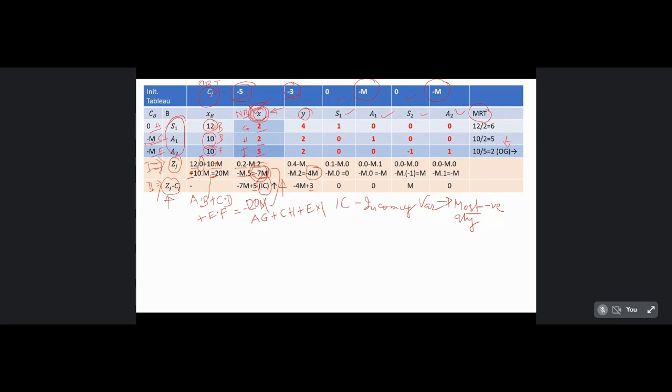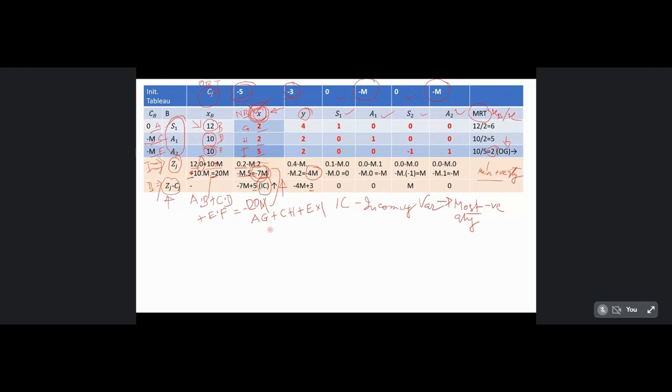So এখানে কি করছি, this right hand side xb is being divided by the quantities under x column. So 12 by 2, 10 by 2, and then 10 by 5. So we get 6, 5, and 2, and this is the minimum positive quantity. So this is your outgoing.